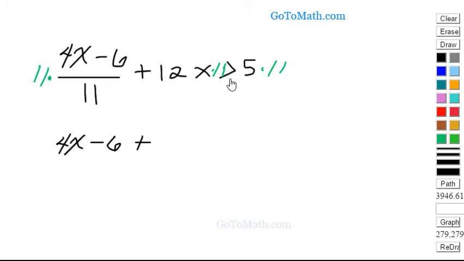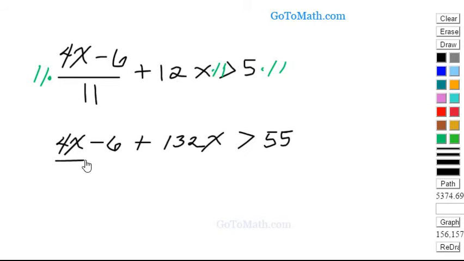Now 12 times 12 is 144, so this has got to be less than 144. How do you like that? So it's going to be 132. I just know that off the top of my head. 132x is greater than, and of course that's going to be 55. I think we all know that.